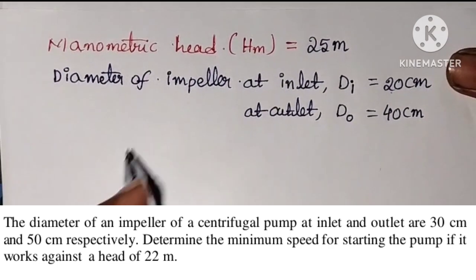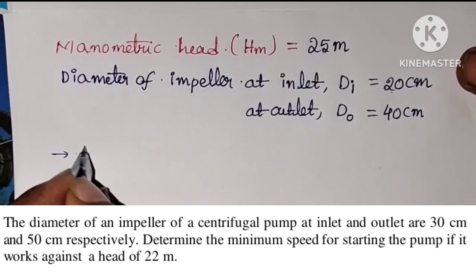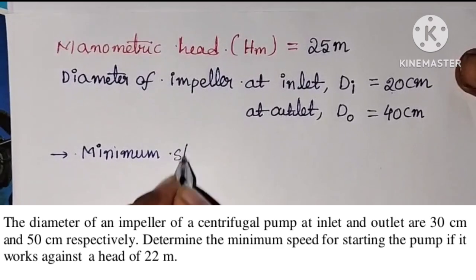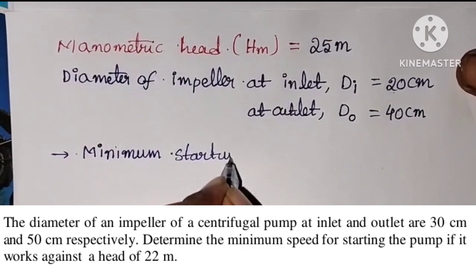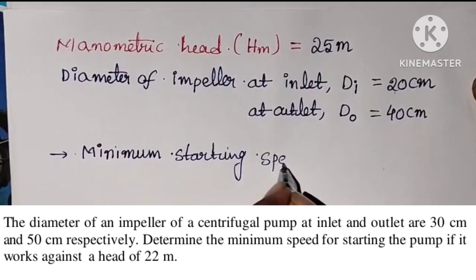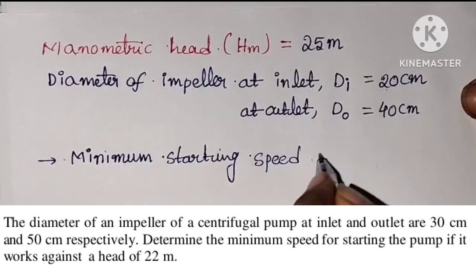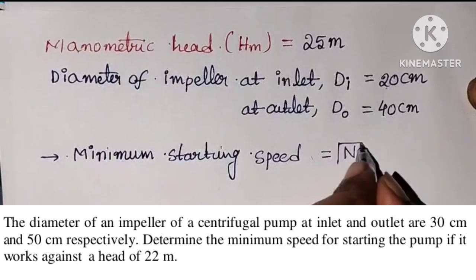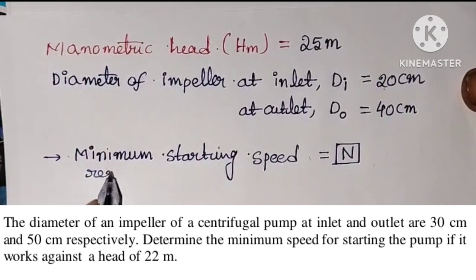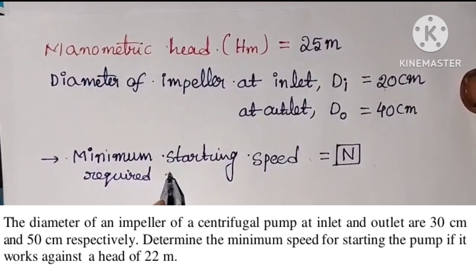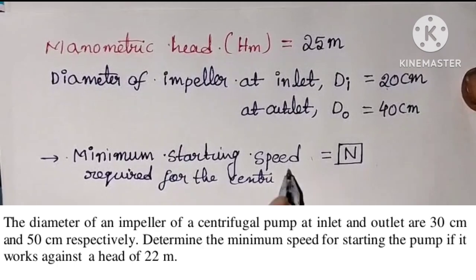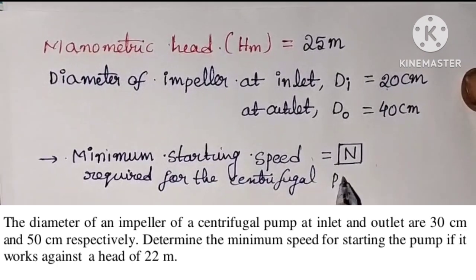At last, we have to find the minimum starting speed, nothing but N, required for the centrifugal pump.